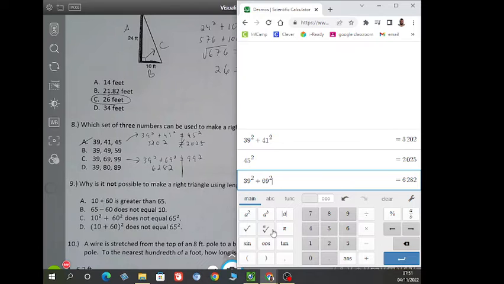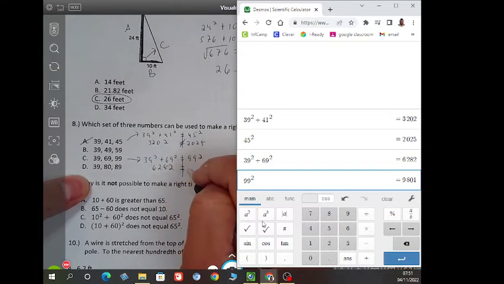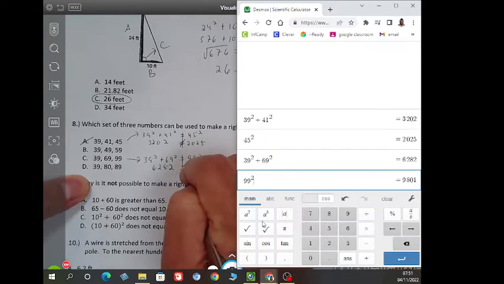And let's test that 99 squared. Oh, that is not it either. It equals 9809. So it's not C.